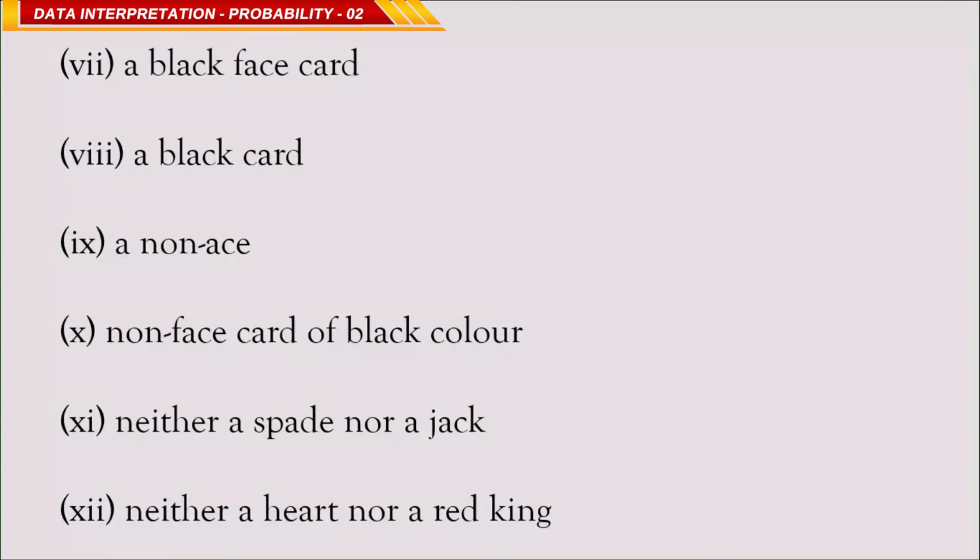A black face card. Just now we discussed there are how many face cards? There are 12 face cards. Among 12 face cards, 6 face cards are black and 6 red face cards, 6 BFC and 6 RFC.